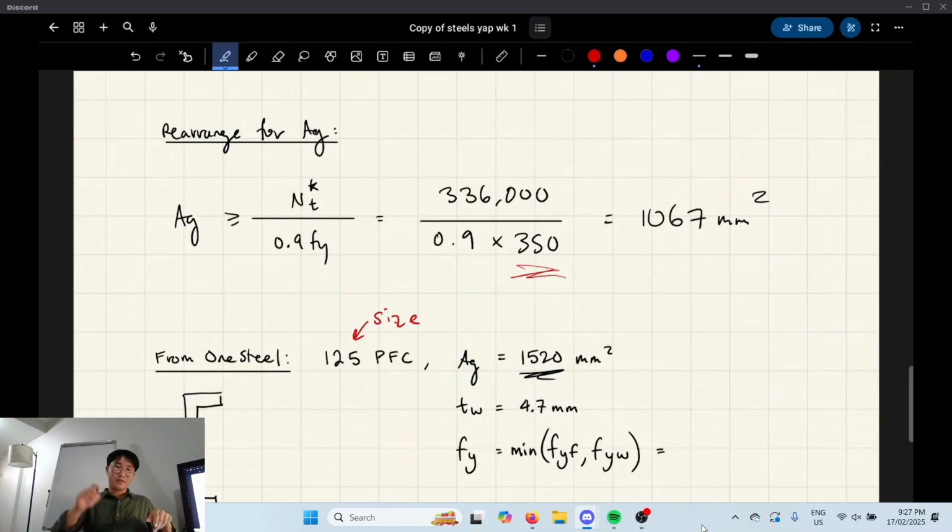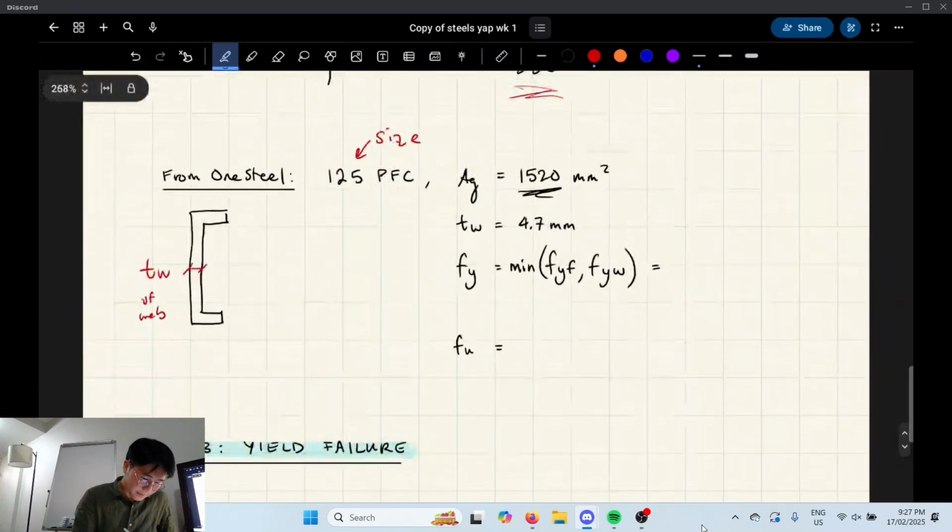I'll tell you, because the yield strength is a function of thickness. Does that make sense? Is it because they have fundamentally different thicknesses? Yeah, the web and the flange have different thicknesses, and because of that the yield strength on the table is different. There are ranges for thicknesses which have certain yield strengths.